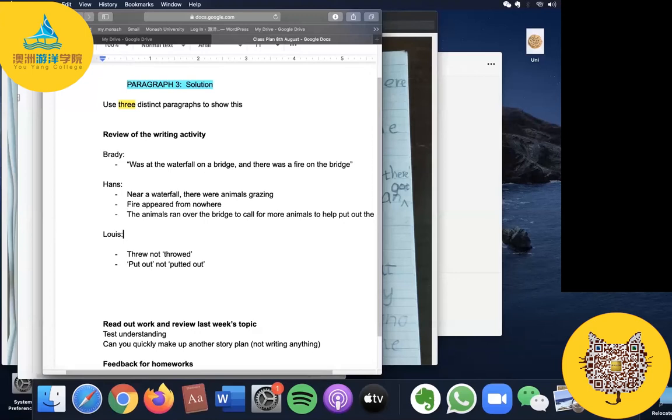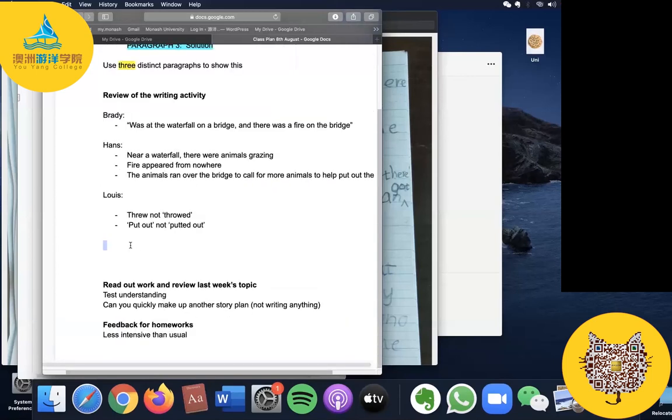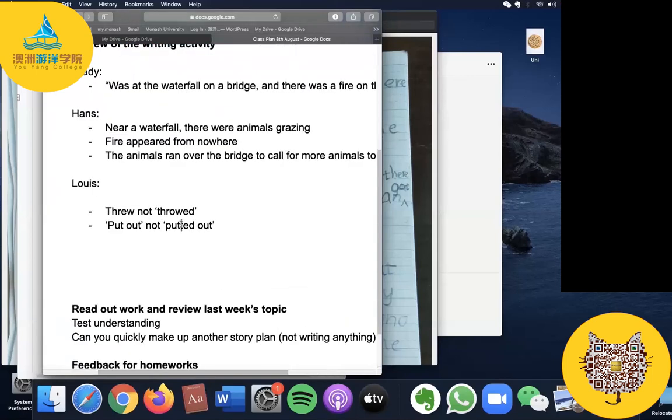I'll give you an example for the homework, okay? But that sounds like a good story. Some pointers, Lewis. We say through here, not throwed. And when you say put out the fire, it's put out, not putted. Yeah, good job, Lewis.